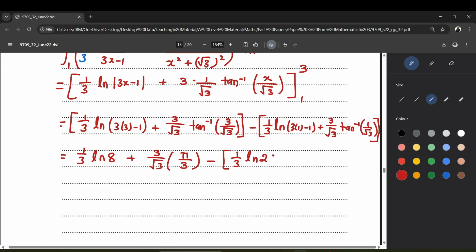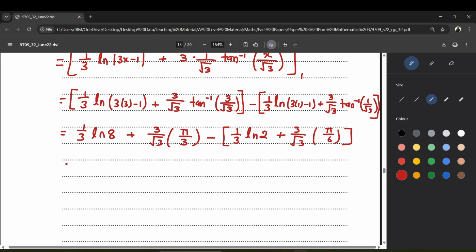All right, so this is ln 2 plus 3 over root 3, and let me work this out. Tan inverse of 1 over root 3 gives us pi upon 6. All right, so let's open up the bracket.